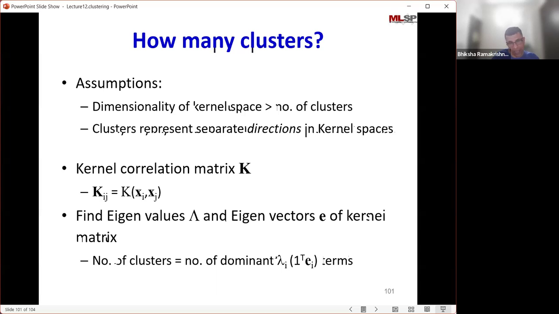You can perform eigendecomposition of this kernel matrix, and you can see how many dominant eigenvalues you have. And that tells you how many dominant directions there are in the high dimensional space. And that is the optimal number of clusters in some sense. And there's some math behind this.